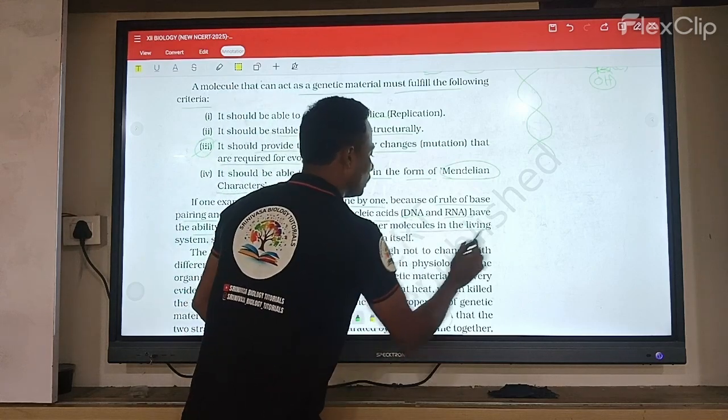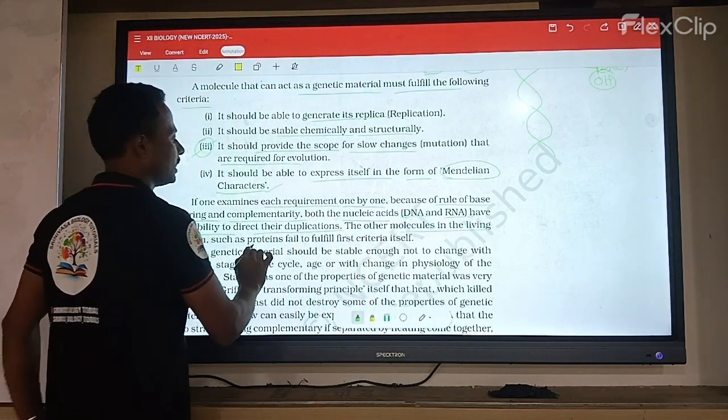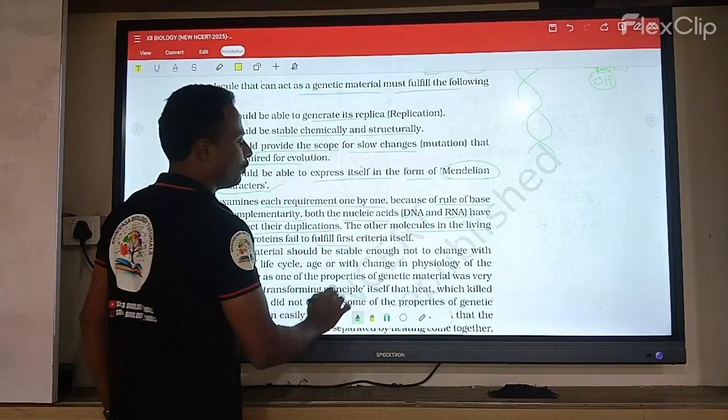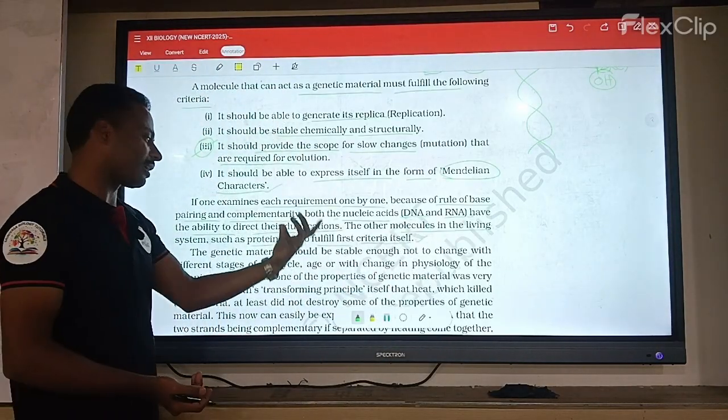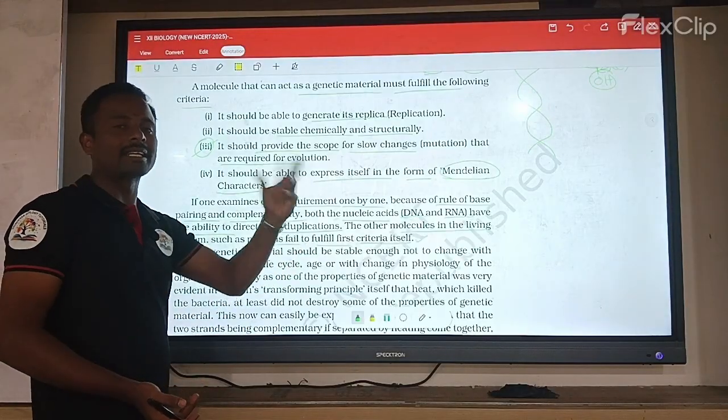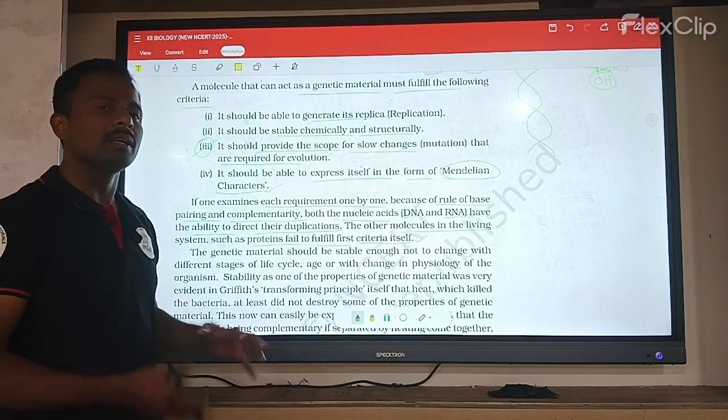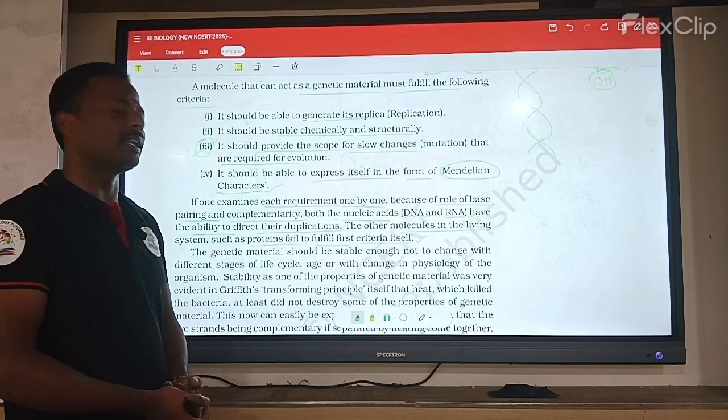Other molecules in the living system, such as proteins, fail the first criterion itself. Proteins do not participate in the replication process like DNA does.